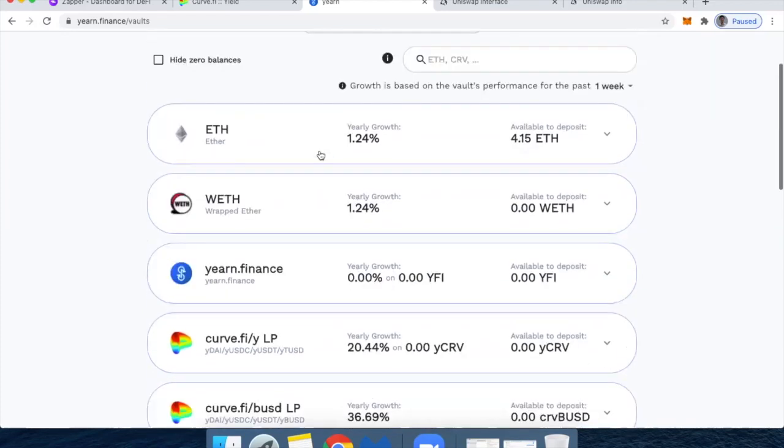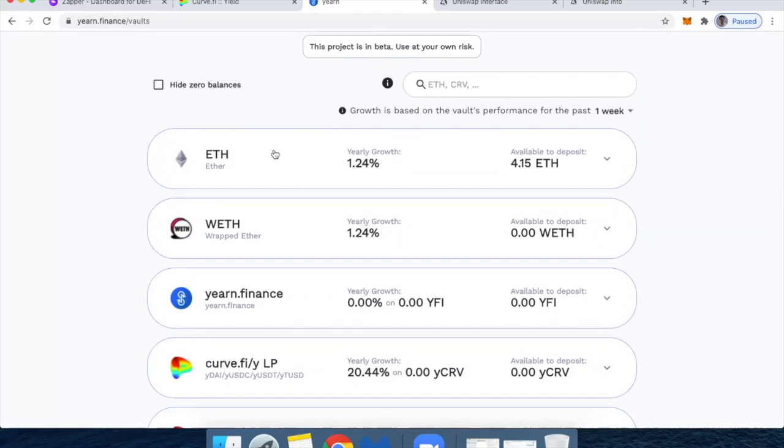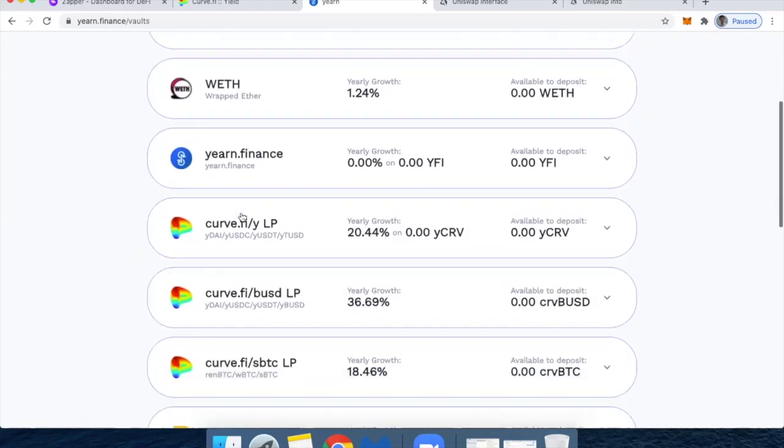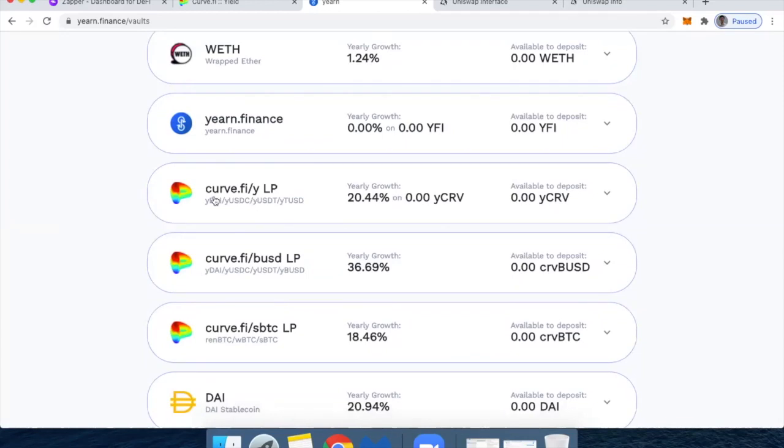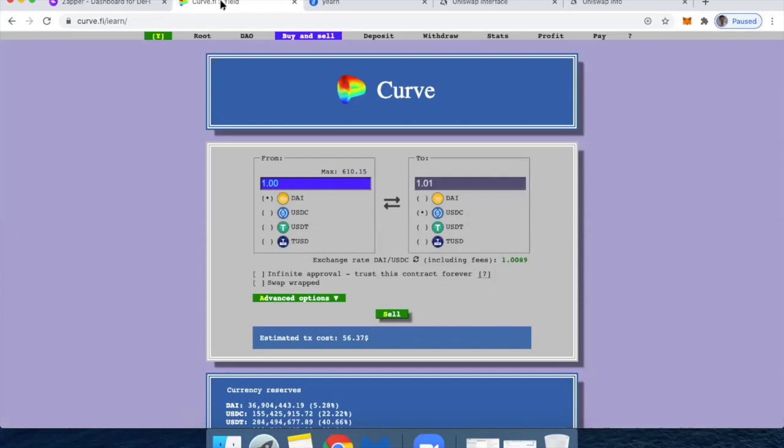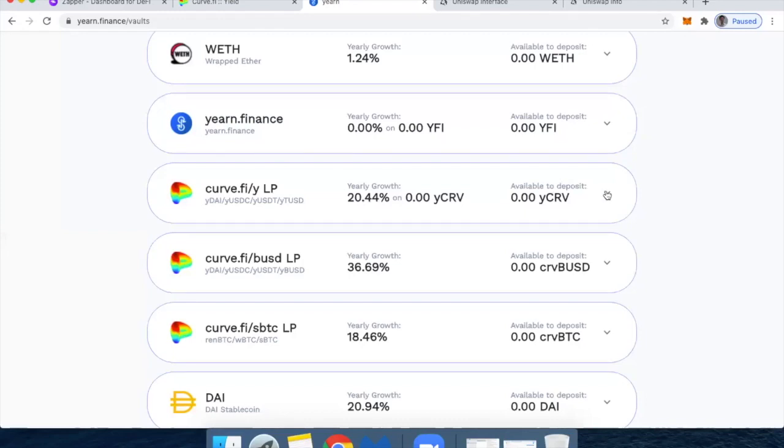So what they've done is enable, on yearn.finance/vaults, the ability to take tokens like ETH, or the token that you receive from this Curve Y pool. When I deposit into it, I receive a liquidity provider token, an LP token. And this is where I could then deposit that.